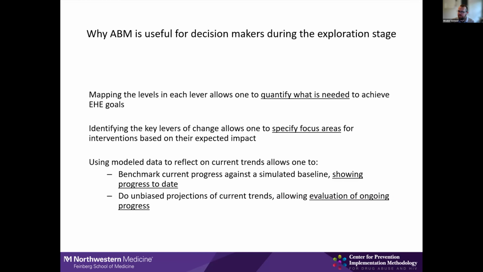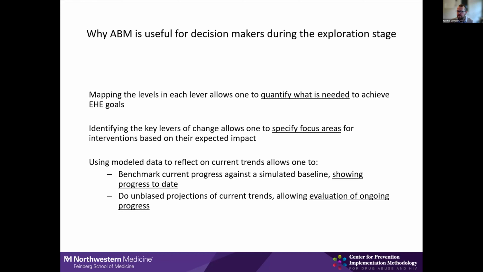By mapping these different levels for each of the levers, we can quantify what would be needed in order to get to this target. Rather than just setting a goal, we can actually quantify the required change that needs to occur to get to that goal, which can then be used in conversations with the health department to specify where they should be putting their effort, what they should be focusing on.